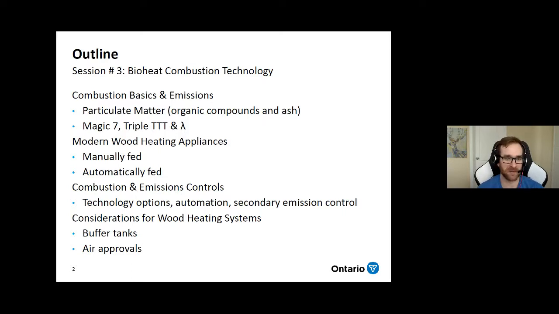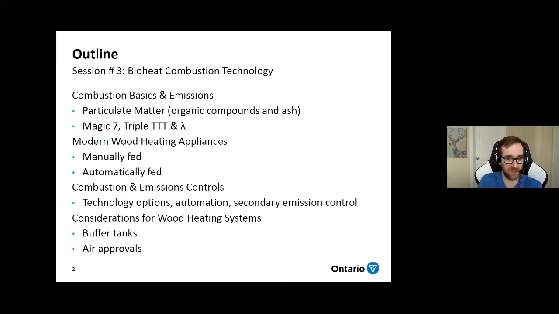And after that, we're going to talk about the various manually and automatically fed appliances that are available on the market, where we're not going to go into specialty areas or the cook stove or any of the smaller appliances that generate electricity, but they're out there. And then we're going to talk about more of the technology options that are there to control emissions and secondary emission control.